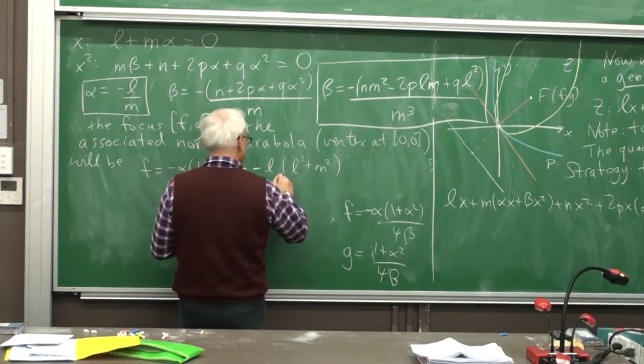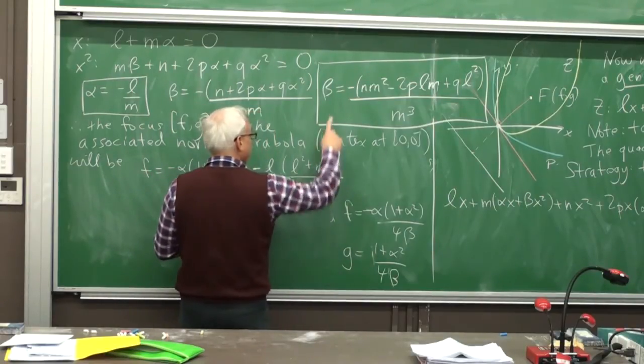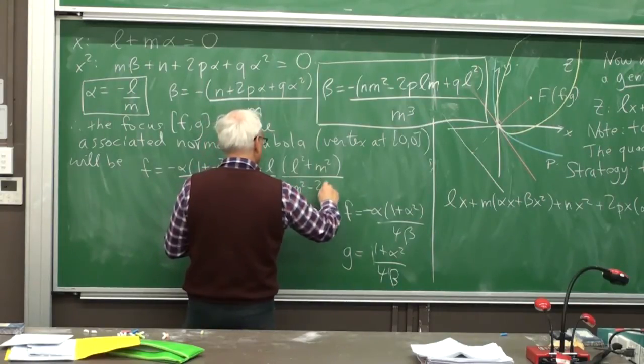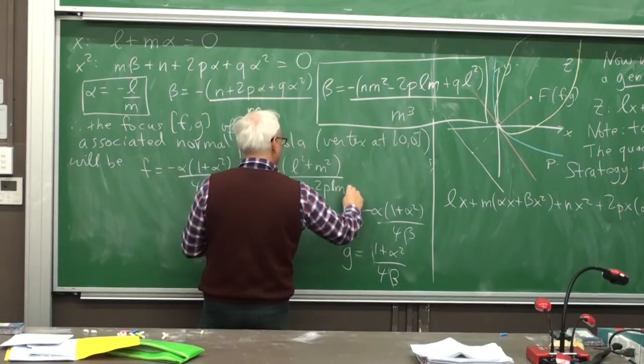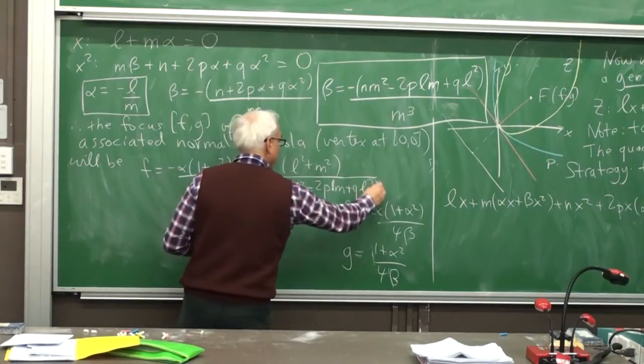And then in the denominator, there will be a 4. Maybe I'll put the 4 here, and I'll write this term here, n m squared minus 2p L m plus q L squared. Okay, that's all in brackets.